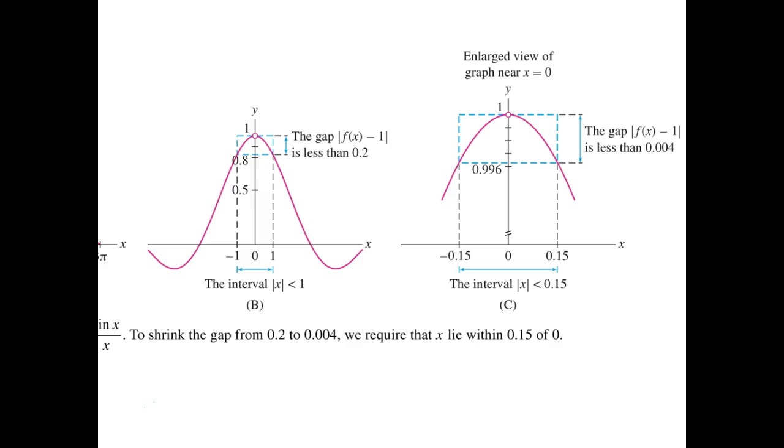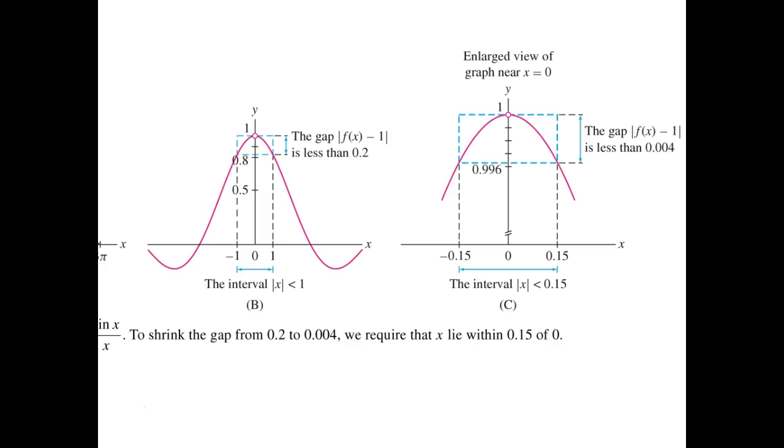But if you found that out, if you really zoomed in on it, and you found out this one came in here, and this one came up there, well, then you couldn't ever bridge that gap because they're coming differently. But if you always, no matter how small you choose this to be, you can always find some value here that will get you within that limit, then that says the limit exists. That's what they're getting at here.